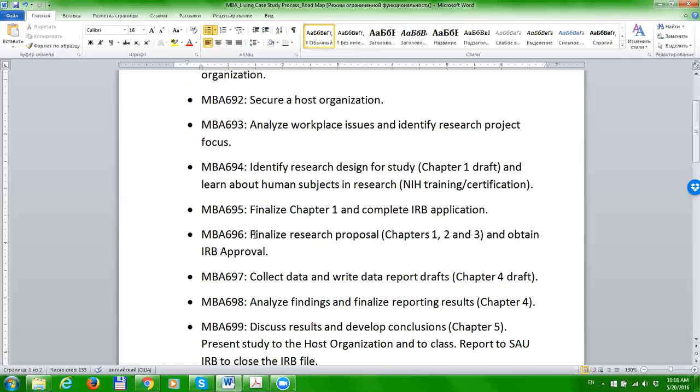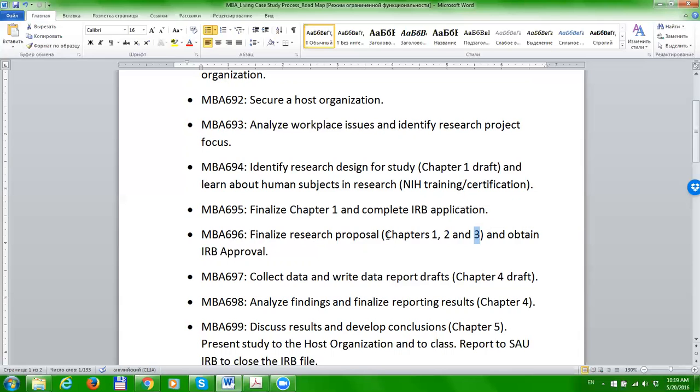During the 696 course, you will write chapter 2 and chapter 3. As I told before, chapter 2 is your lit review and conceptual framework, and chapter 3 describes very clearly the methodology that you are going to use in your study.